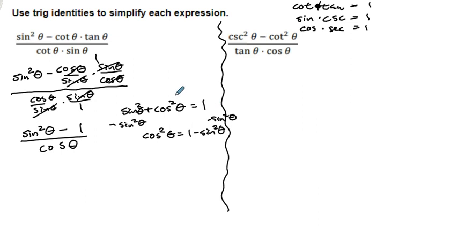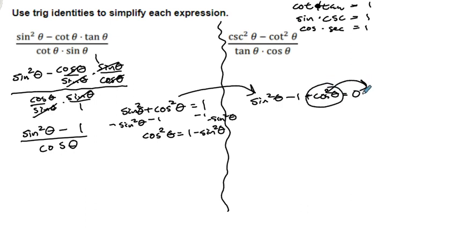If I do that, I'm going to have sine squared theta minus 1, because I subtract 1 from both sides, plus cosine squared theta equals 0. Then we take this and move it over there. So you'd get sine squared theta minus 1 equals negative cosine squared theta.